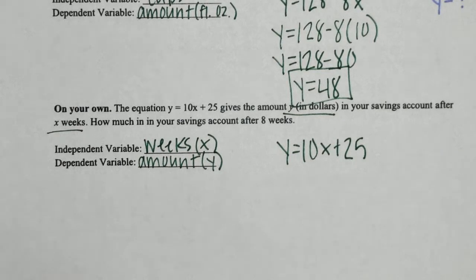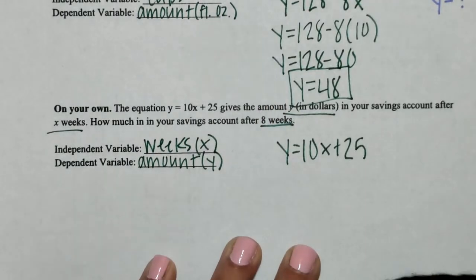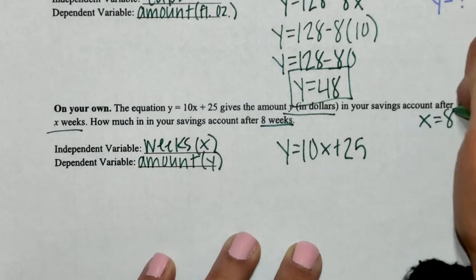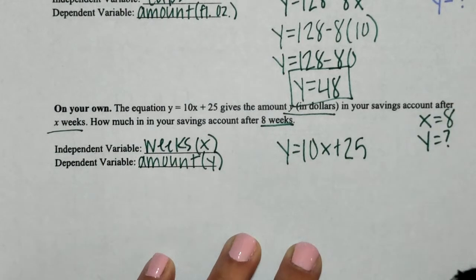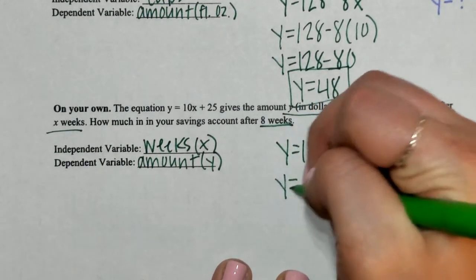It gives the amount in dollars in your savings account after x weeks. Any ideas? Okay. So we know that weeks is x, so our x equals 8, and we still don't know our y. So we're trying to solve for y. So we need to plug in our 8.